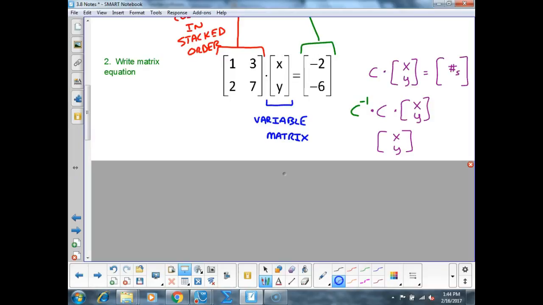I have to go in order, right? Because order matters. Okay? So if I multiply by the inverse of C on the left side of the left side, where am I going to multiply by the inverse of C on the right side? No. On the left side of the right side.